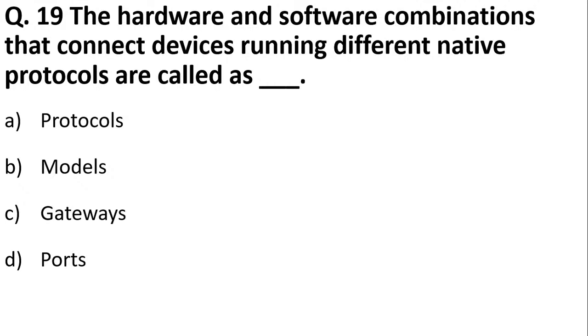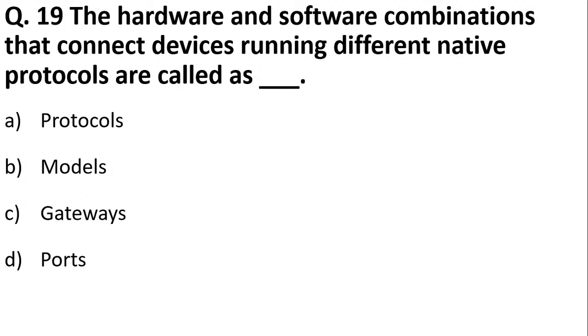The hardware and software combination that connects devices running different native protocols is called what? Which is that hardware and software combination that connects devices that are running different protocols? Protocols are nothing but a set of rules.